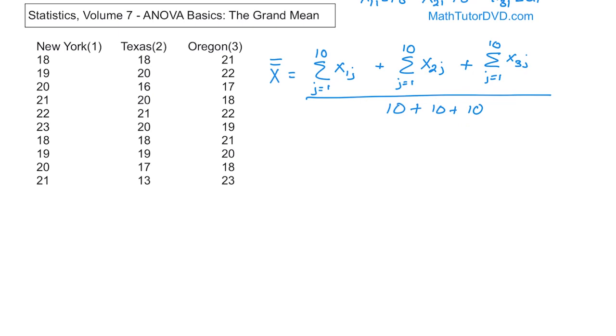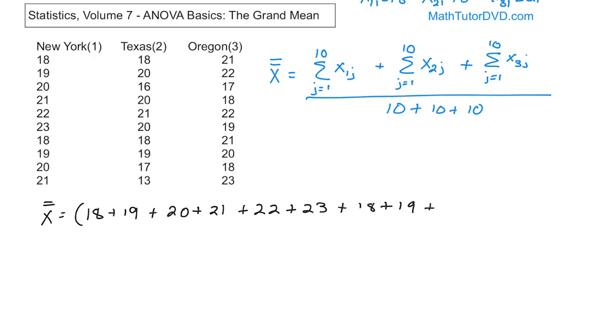So to be absolutely clear, the grand mean is, drum roll please, 18 plus 19 plus 20 plus 21 plus 22 plus 23, plus 18, plus 19, plus 20, plus 21. Okay, all of that is what this is doing.